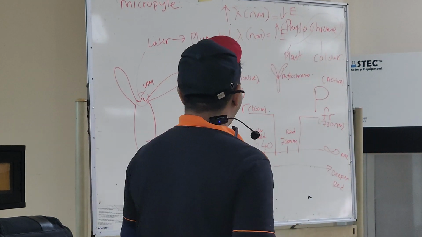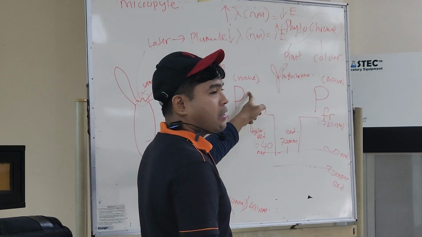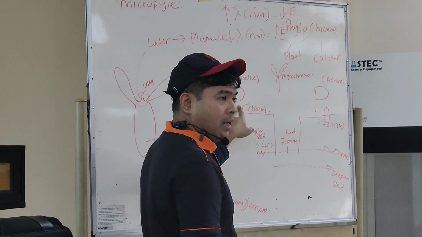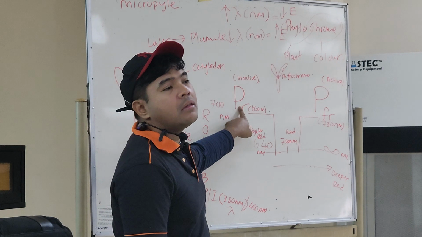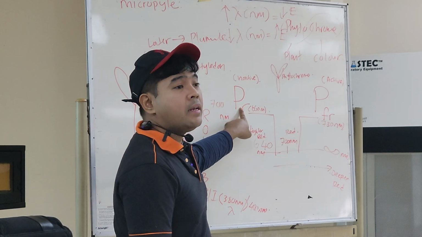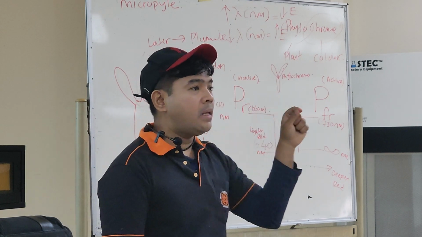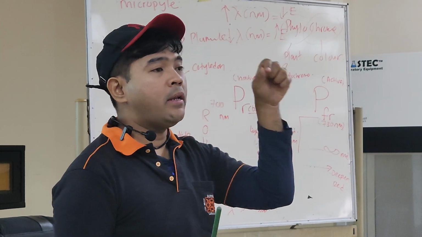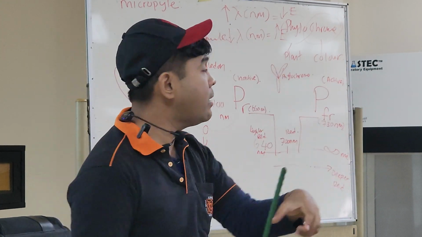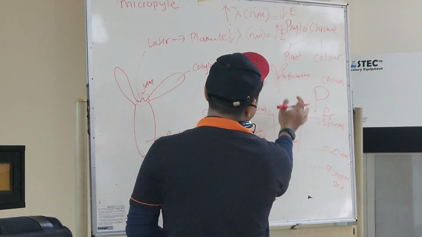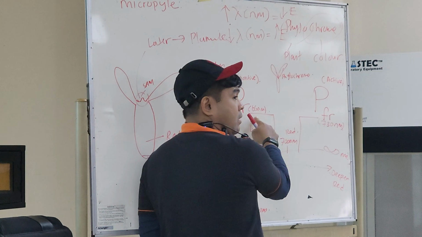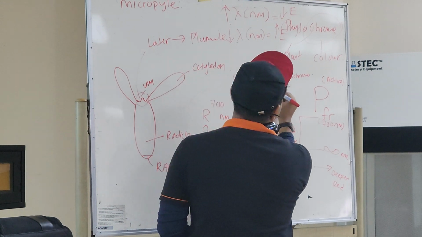So how can this get activated? When it is inactive, we know that this protein is in darkness. But suddenly, when the sun comes about or you shine your red LED to it, this phytochrome protein will receive red that you can see. Now it gets activated.